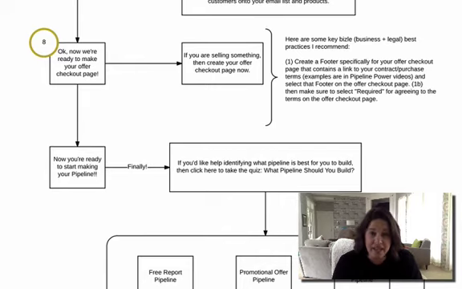What I have done, because sometimes you forget, even I forget, is I just made a separate footer menu, and in that footer menu, I call it the footer offer checkout page, so that when I'm making my offer checkout pages, I select that footer menu, and the footer menu already has in there my standalone course purchase terms. It also has my membership purchase terms. So I don't have to remember to link it up.